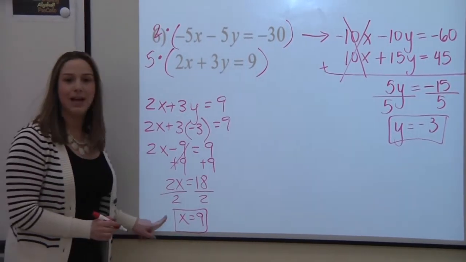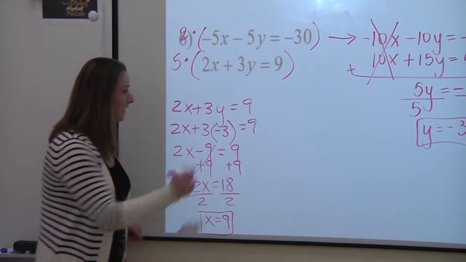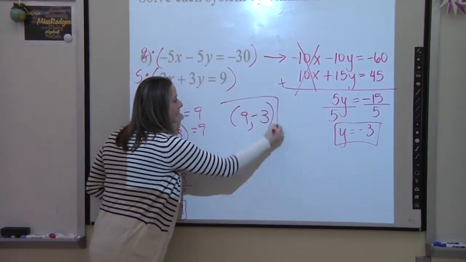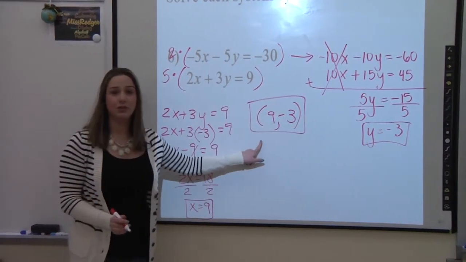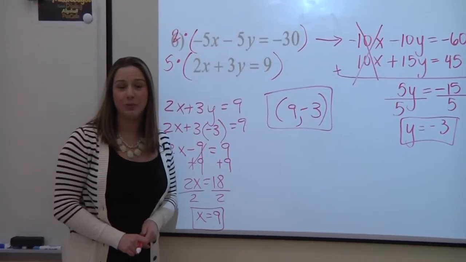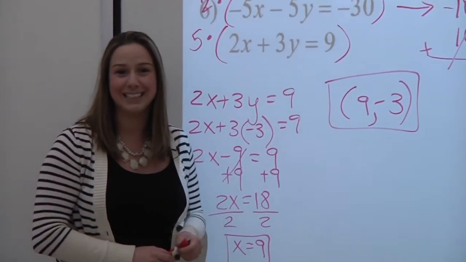For this problem, x equals 9. We have a solution. Our solution is going to be 9, negative 3. This solution satisfies both equations. We will be talking about checking problems tomorrow during class.